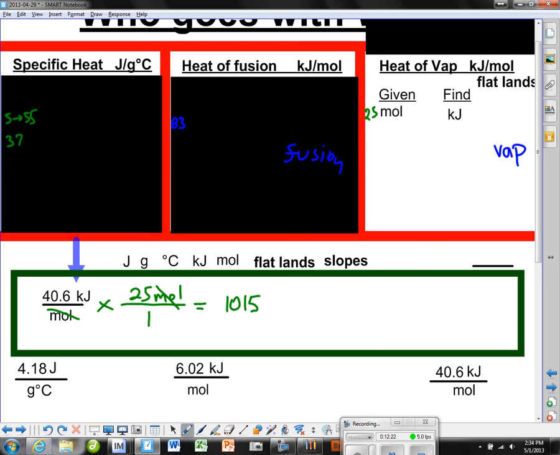When we round this, that means we've got to get rid of the 1 and the 5. So is that 0 going to stay 0, or is it going to go to 1? Okay. So this is kilojoules, and when we round it to the right number of sig figs, we have 1,000 kilojoules. Now our sig figs are good. Actually, our sig figs are not good, because now we only have 1 sig fig.